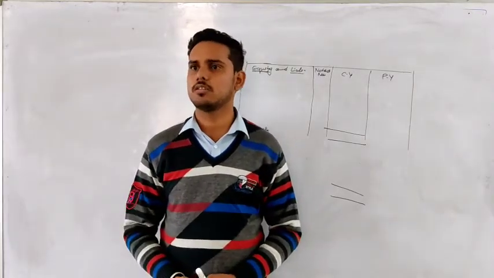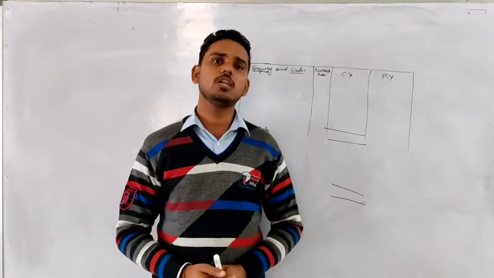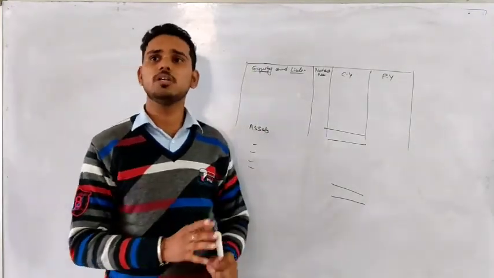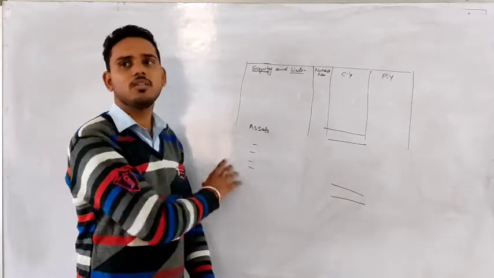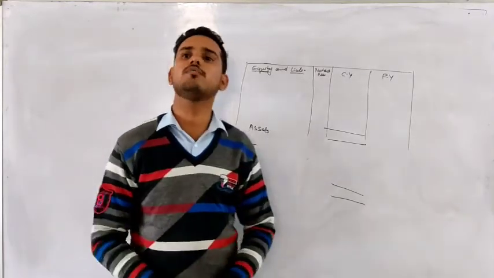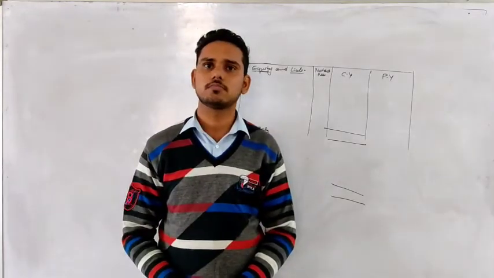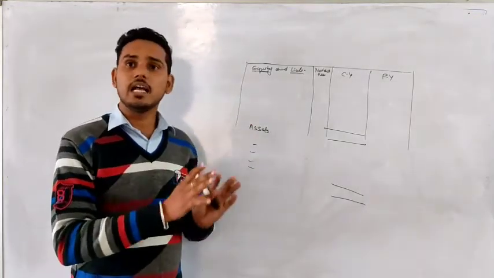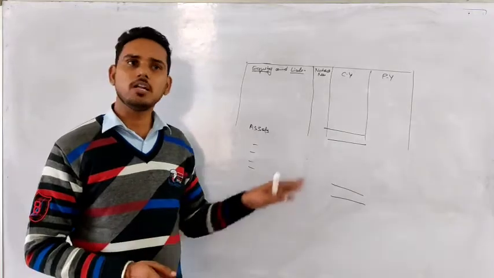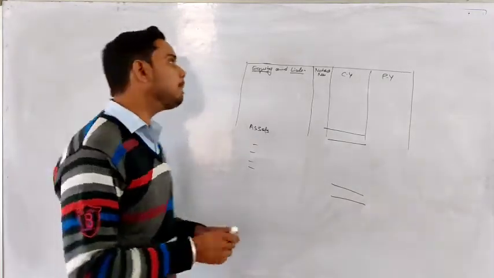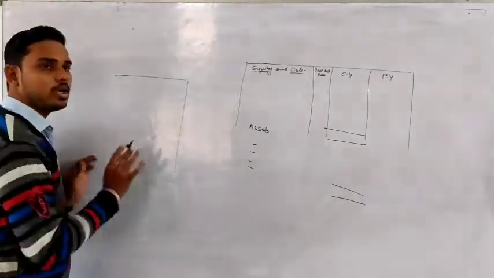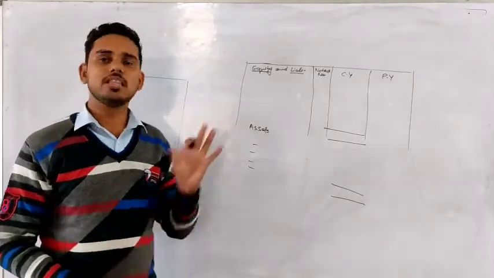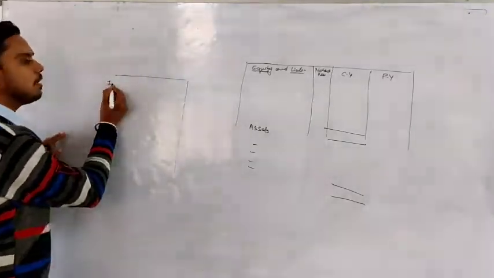Debtors are an asset of the business, so you need to write debtors on the asset side. But is it possible to write 100 people's names on the asset side? So where will we write the other information of the asset? We will write all the debtors, but not here. We will prepare a list, and that list is known as notes to account. In that list, we have given note number 1.